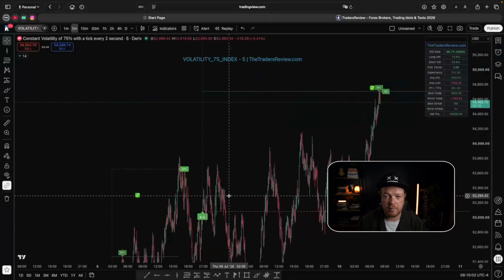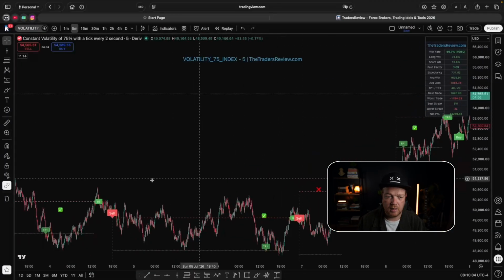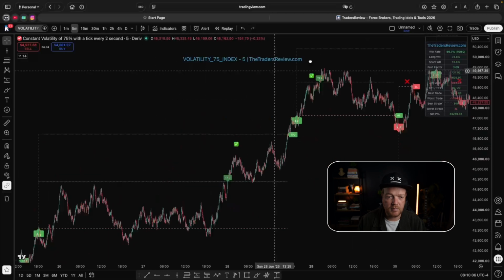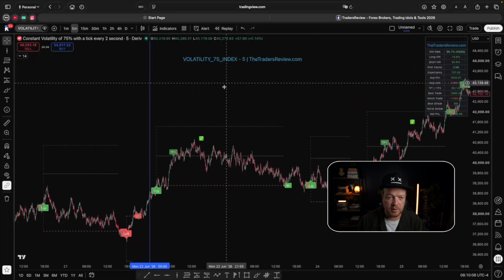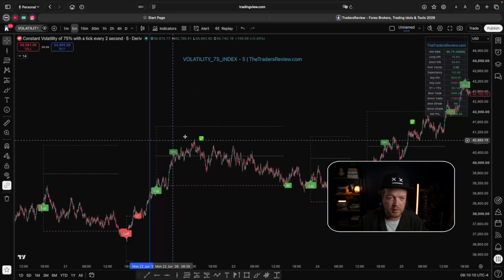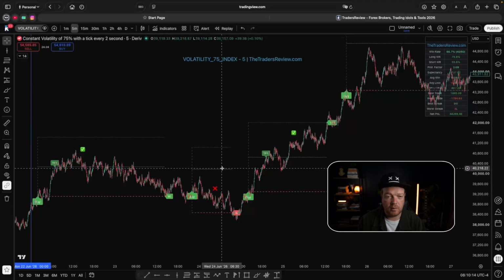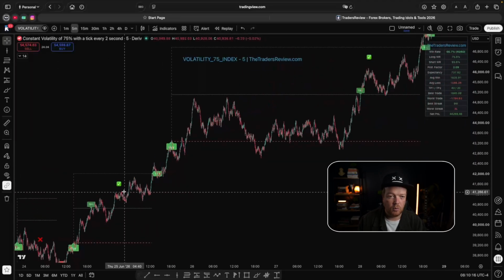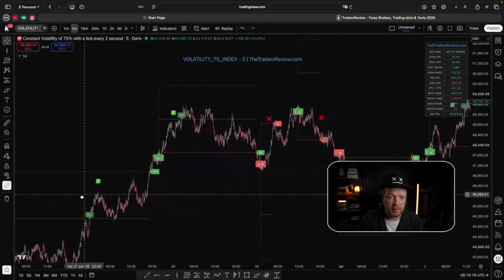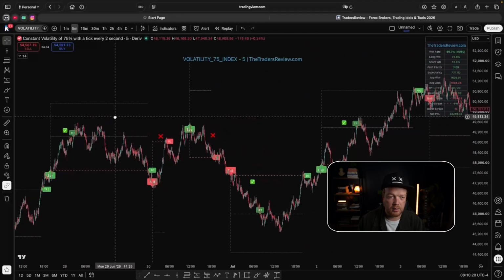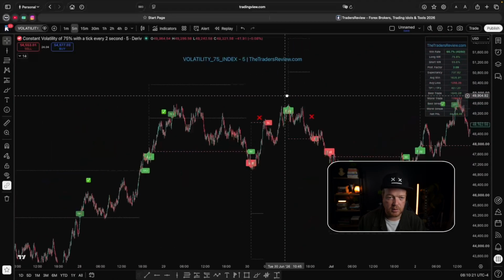So let's quickly go back, let's zoom out, let's quickly see when we go back to this date right over here, the 22nd. So one losing, one winning, one losing, so it's break even, winning, winning, winning, loss, loss.